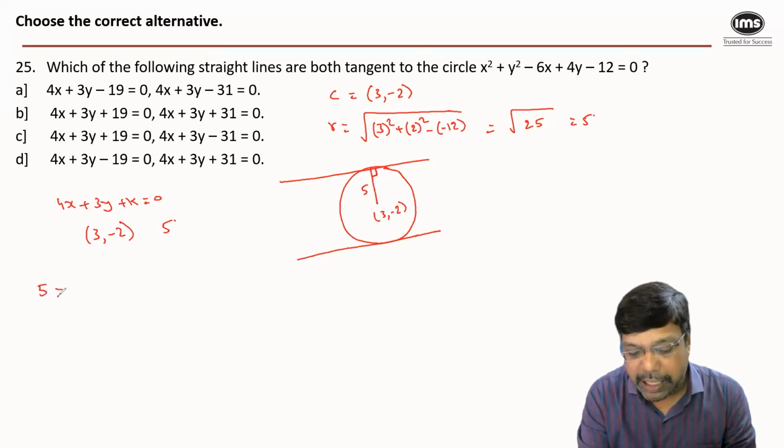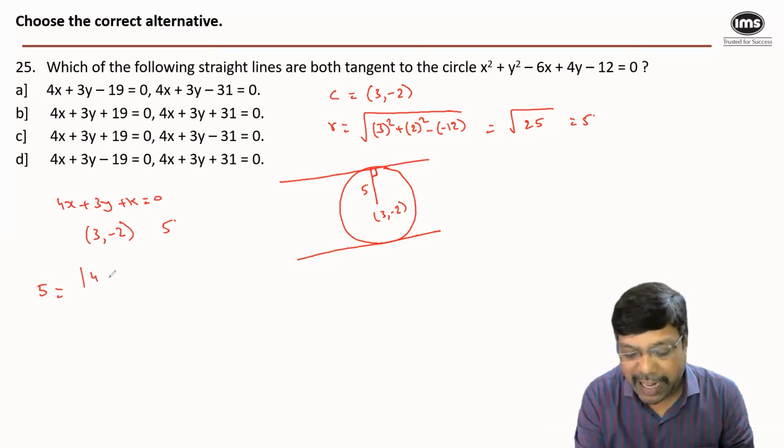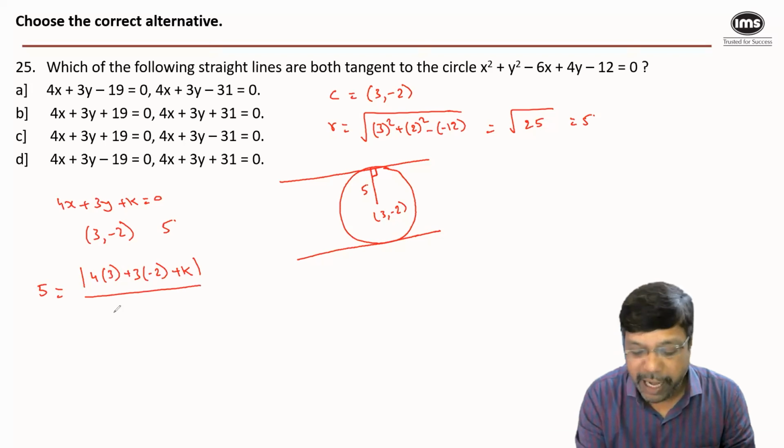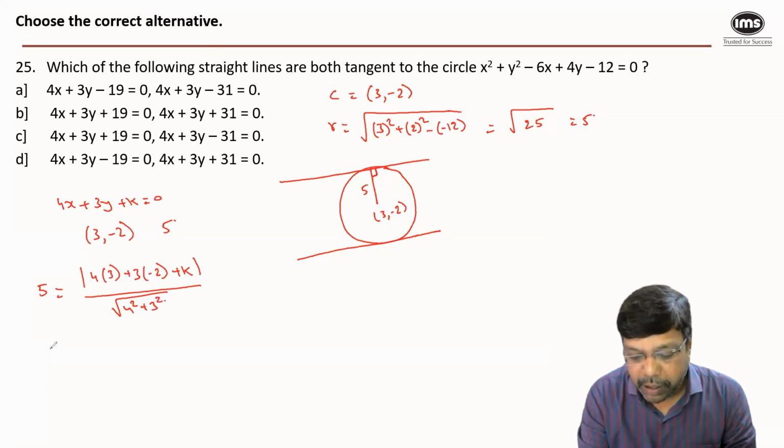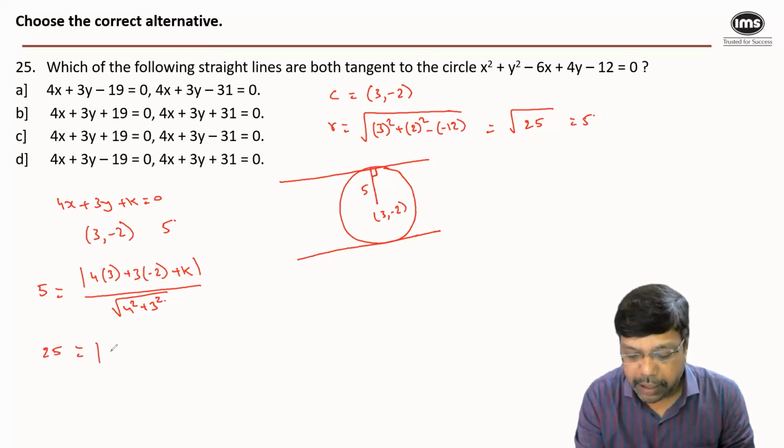So the perpendicular distance 5 is equal to mod ax1 plus by1 plus c whole divided by square root of a square plus b square. So I would get 5 into 5, 25 is equal to mod 6 plus k.